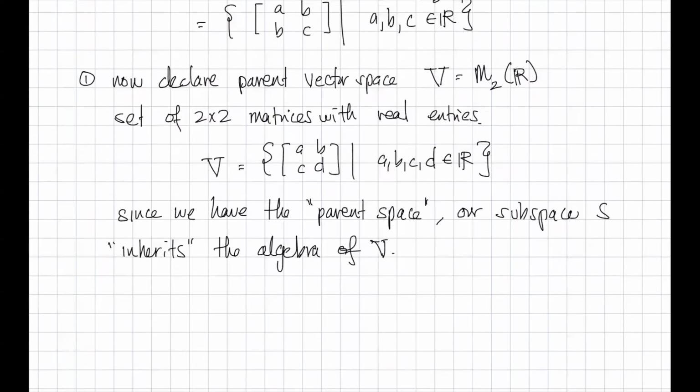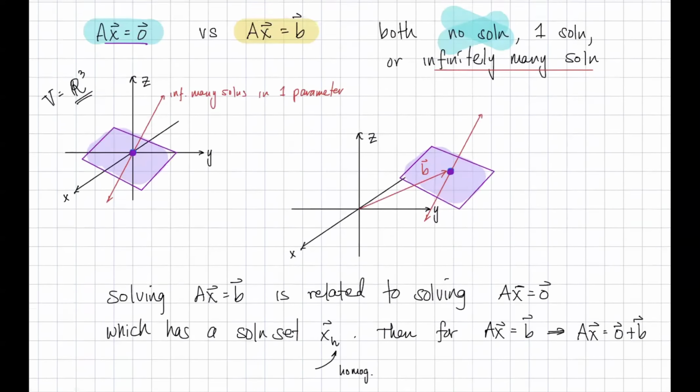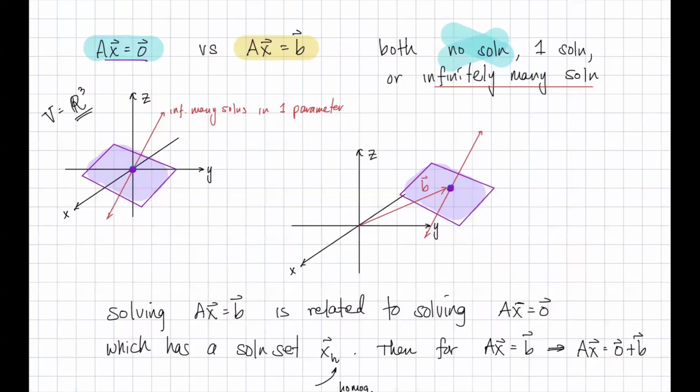And so coming back up here to our little diagram, if I take a vector in this red line, say something like this blue vector, and then I add it to another vector that's in that same subspace, the sum of those two is a third vector that's also in that subspace.